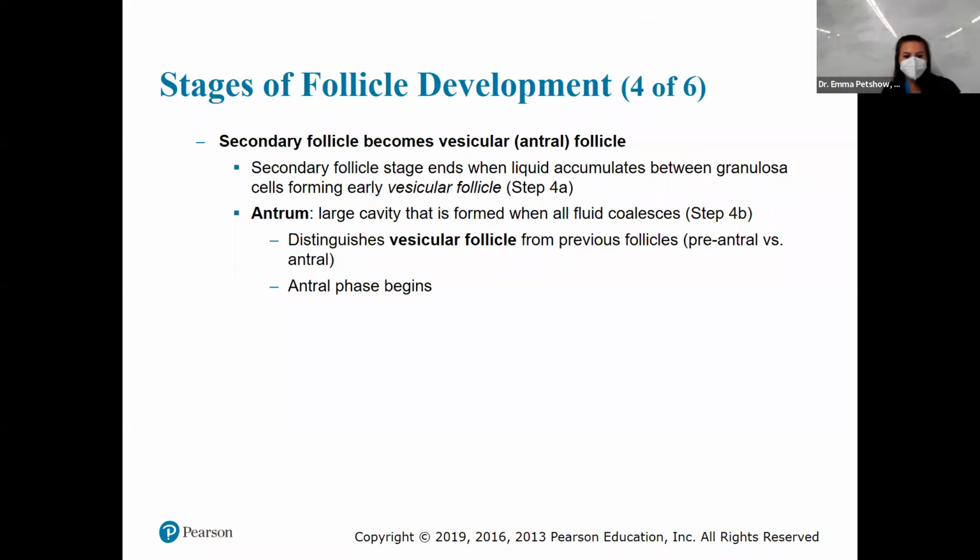Secondary follicles we talked about become a vesicular follicle. That's when we see an antrum, right? We had antral cells. Now we actually see the antrum. This is that large cavity where all this fluid coalesces. The antrum is really where we can get the nutrition so that if an oocyte is fertilized by sperm, it can live as it travels to the uterus to implant.